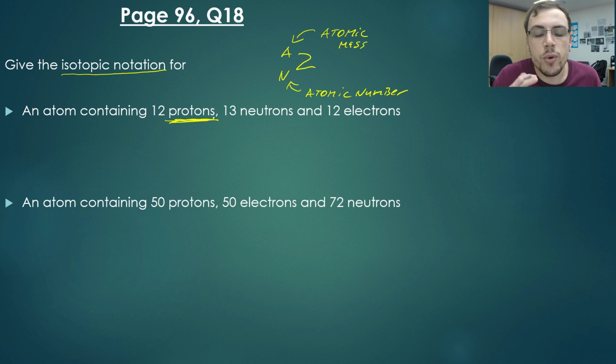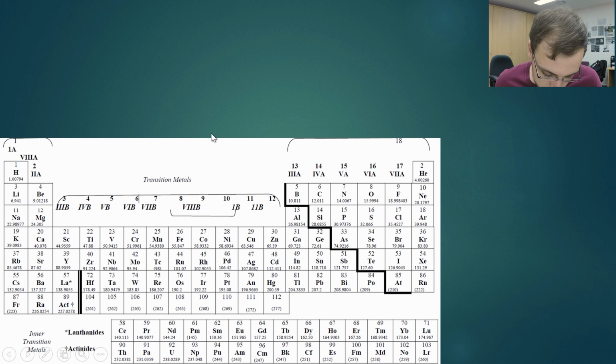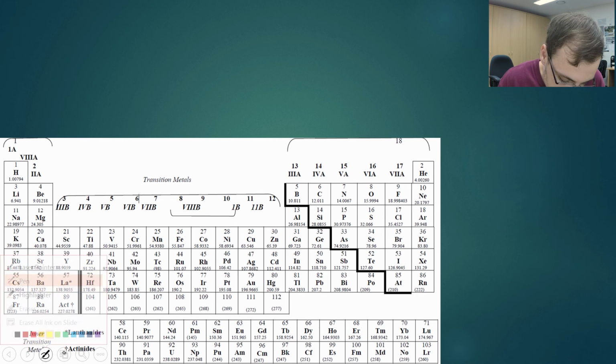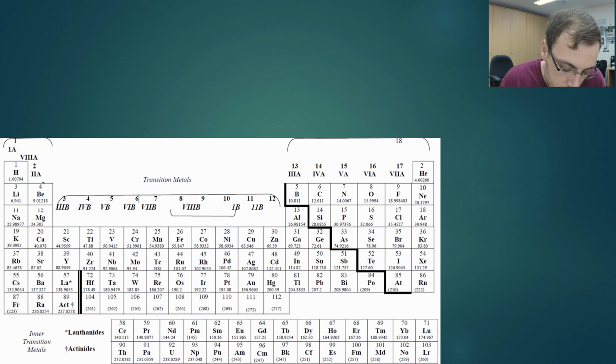Remembering too, in all of your examinations, you will be provided with a periodic table, so let's put it to some use. Here we have our periodic table, with our atomic number at the top and our atomic mass at the bottom.